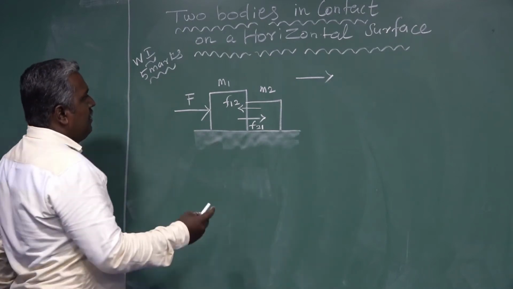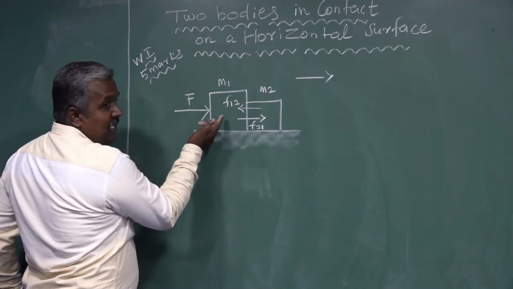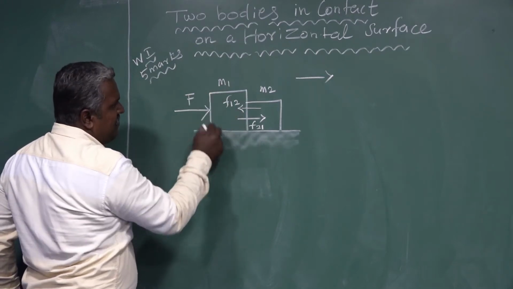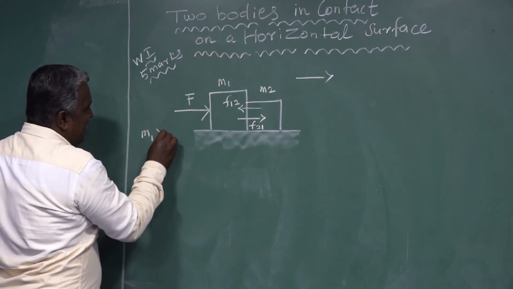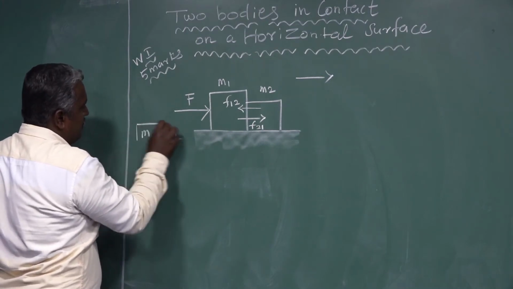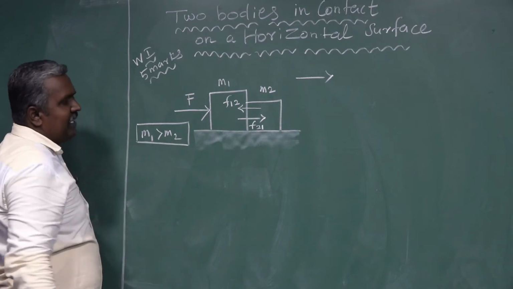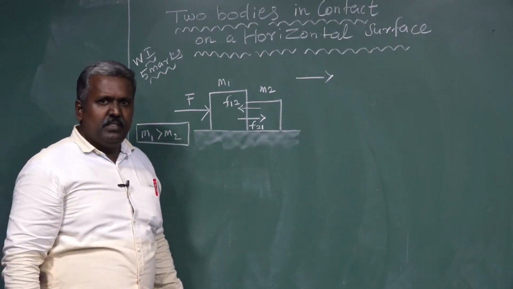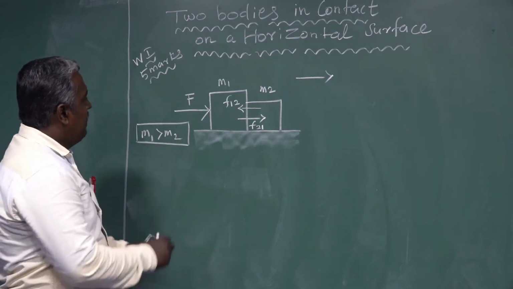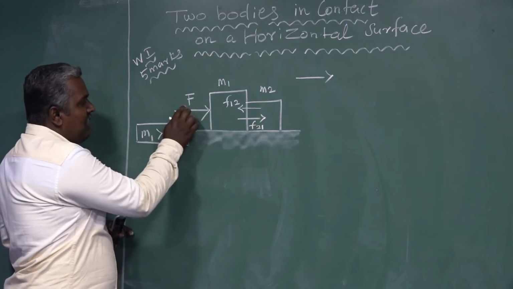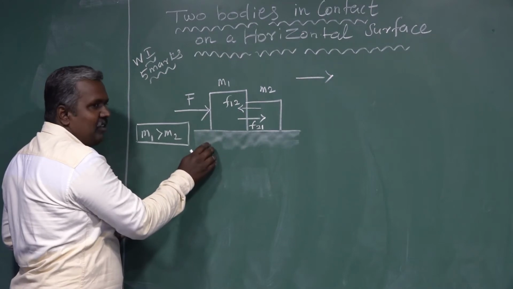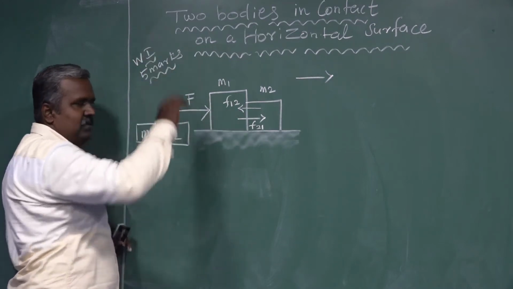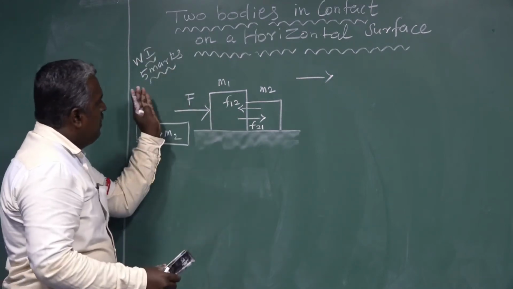But here this is M1, this is M2, so M1 is greater than M2. Now, a horizontal force capital F acts on the block of mass M1, like this.